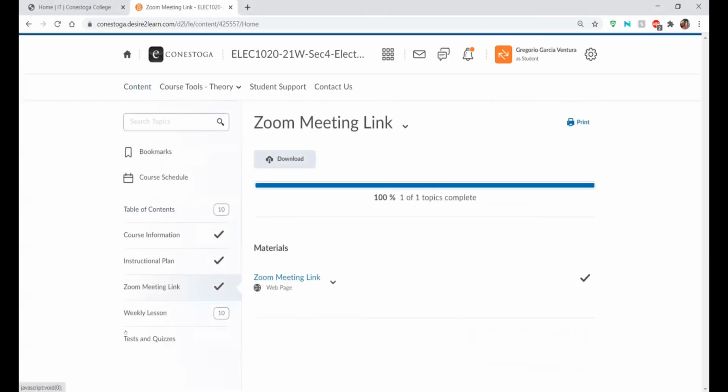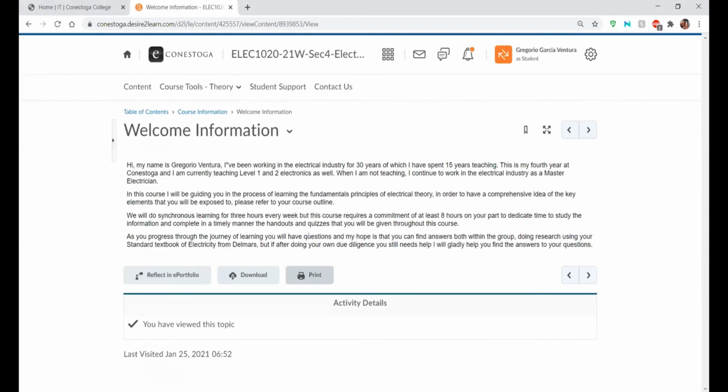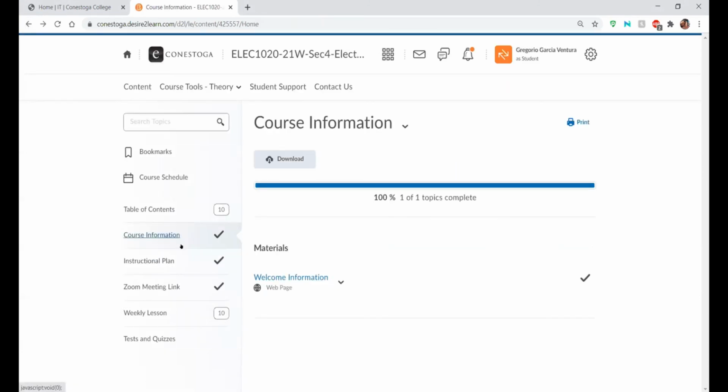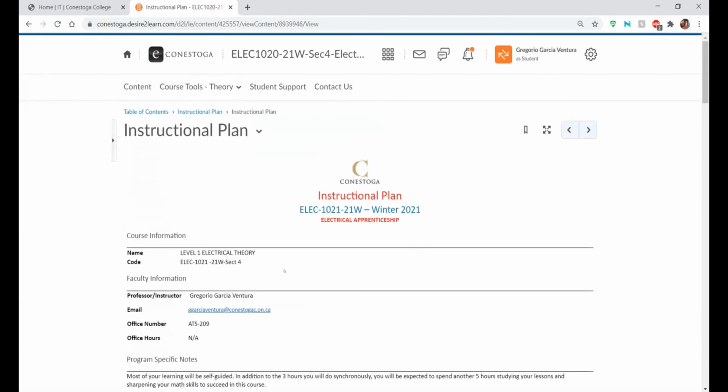In that tab, you have some information, for example, your instructional plan. You have something called the course information. Please take the time and read it, okay? And right after the course information, we have the instructional plan, which I'm also hoping you take the time to read.